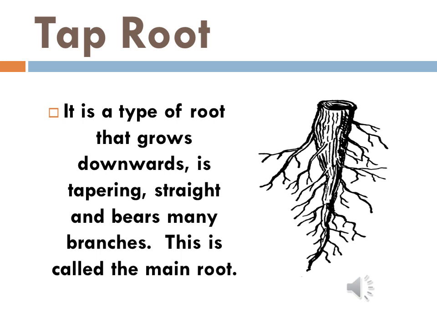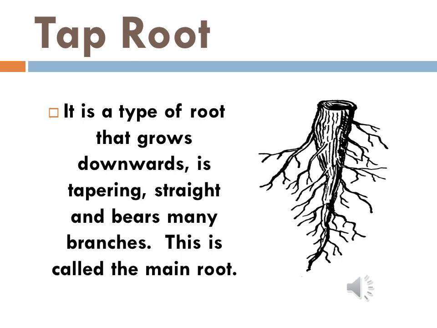Some examples of taproot are the roots of all the big trees, and the roots of spinach, tulsi, coriander, carrot, radish, turnip, and sweet potato, and so on.